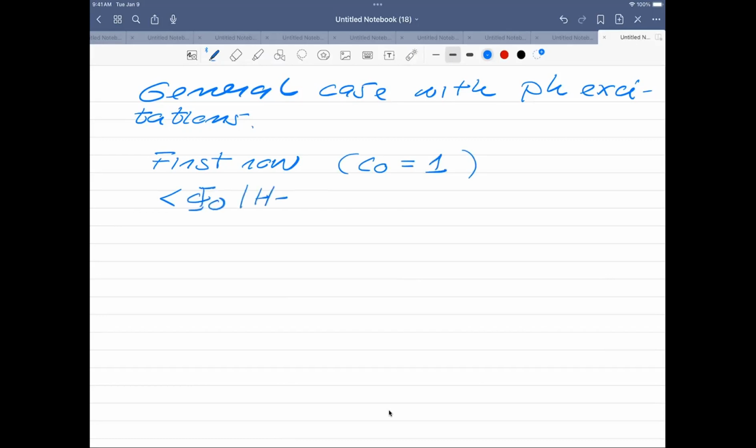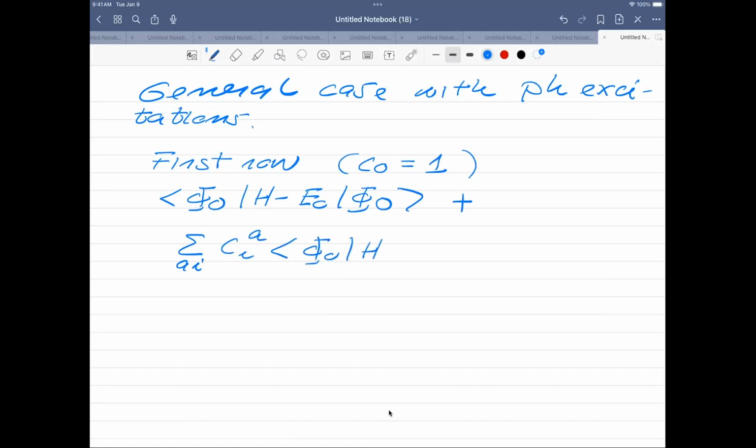I'm going to have H minus E0 times phi 0. Then all the other terms are given by the following. I will have a sum over ai, the one-particle, one-hole excitations, and I'm going to have my phi 0 multiplied with the Hamiltonian.